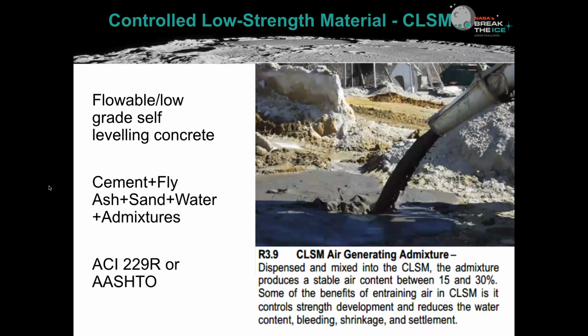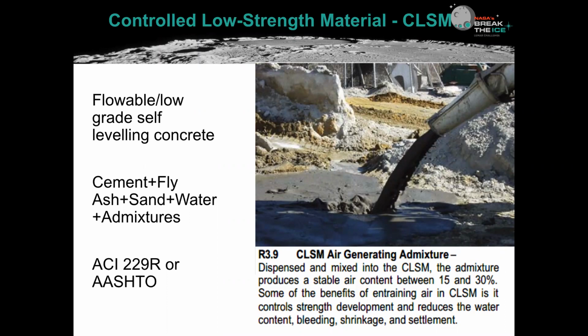CLSM is actually, as Pete indicated, a low-strength, cheap concrete material. It's a combination of cement, typically lots of fly ash, sand, water, and admixtures. And admixtures could be mostly air, and the target is about 15 to 30% air. So it's a very fluffy type of low-strength material that is quite flowable.